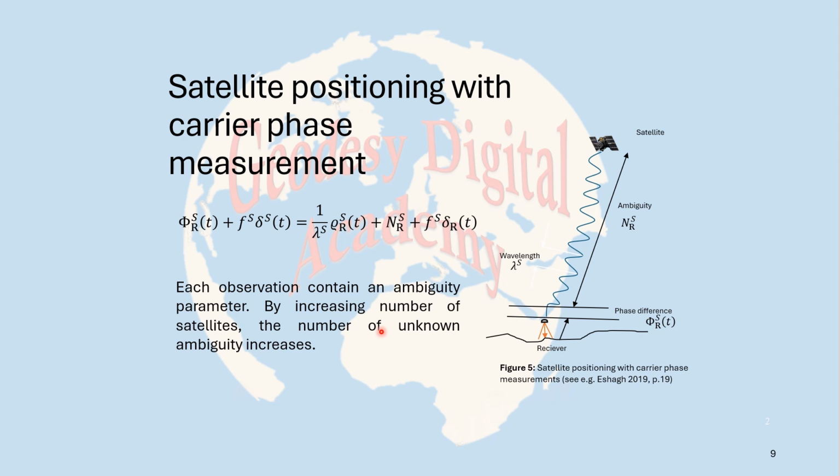But if I measure the same 4 satellites twice, it means that I will have 8 equations. But since the ambiguity parameter is not changing, therefore I can keep the number of unknowns at 8. So the ambiguity doesn't change when the satellite moves. That's the principle.